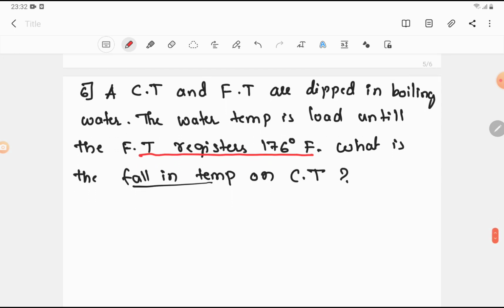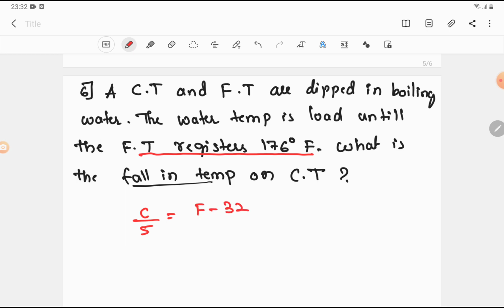So the upper limit he has given is where the water is boiling. The relation we have is C by 5 is equal to F minus 32 by 9. He is telling that water is boiling at 176.